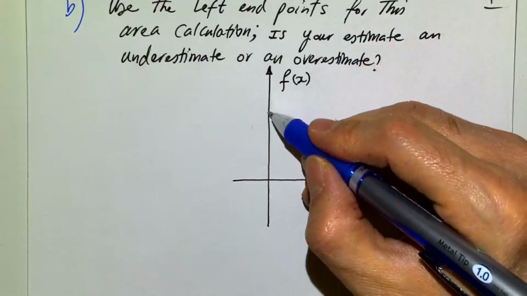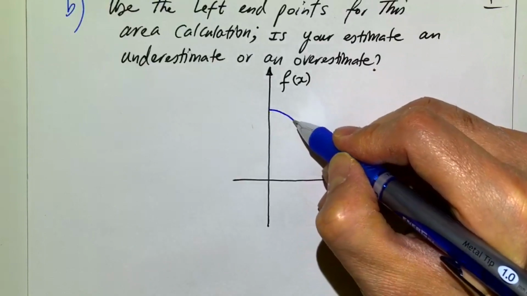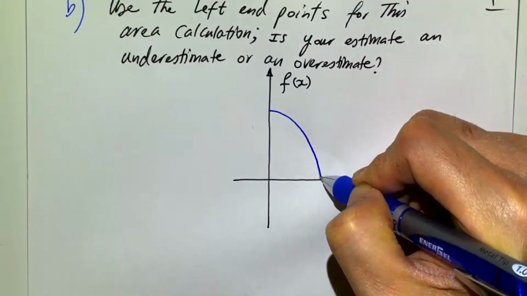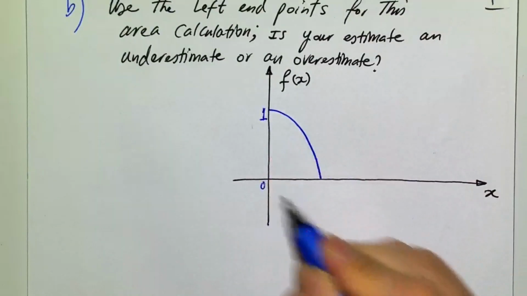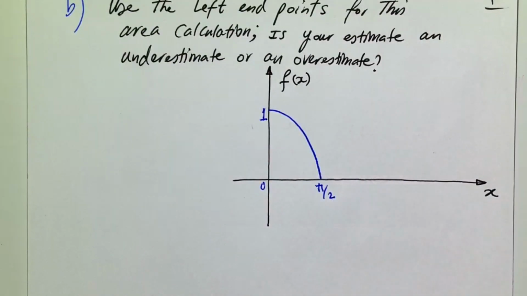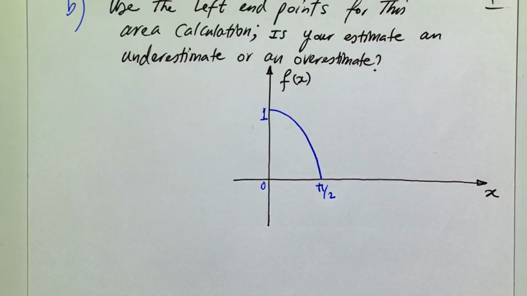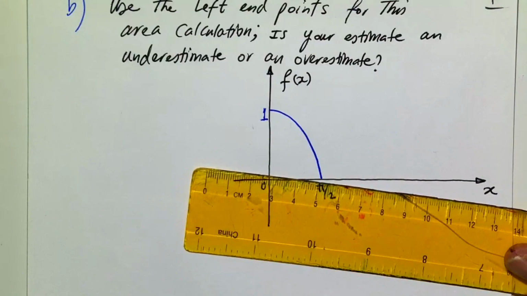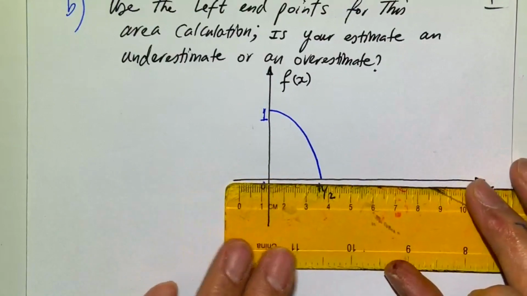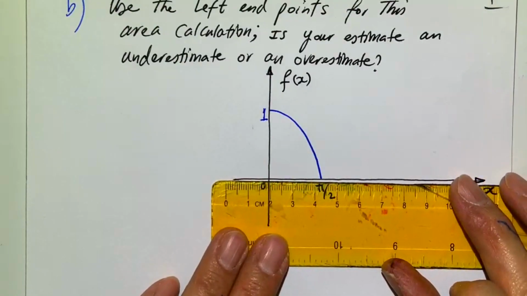And then again, once again, this is the cosine function from 0 to pi over 2. Let me once again break this up into some equal increments along the x-axis.